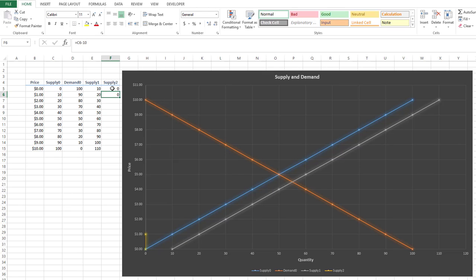So if I'm a business owner, I'm going to be willing to supply 10 fewer hamburgers at every given price point. So if I originally would have supplied 30 hamburgers at $3, now I'm only willing to supply 20 at $3.